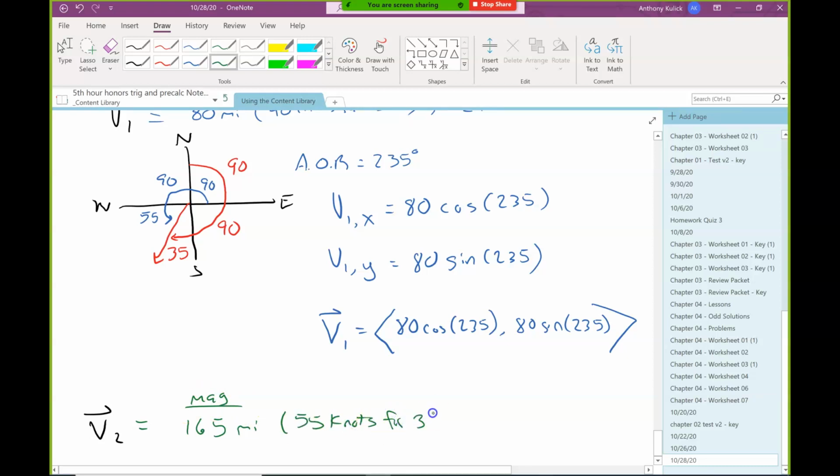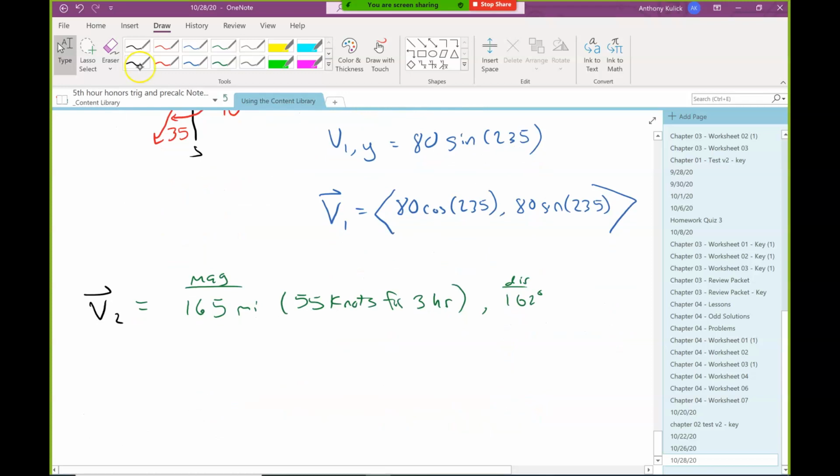And just like before, I'm going to convert that direction into an angle of rotation. So 162 is like 90, and then 72 more. So there's where our vector is located.